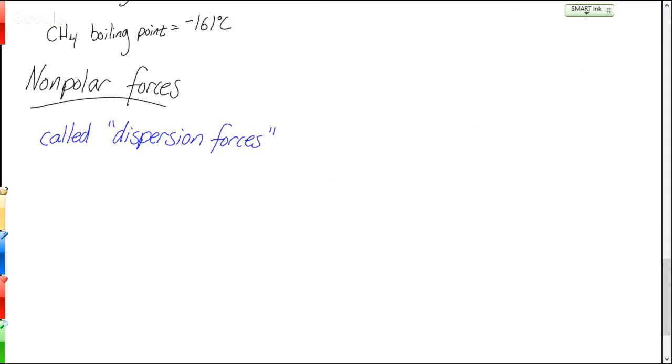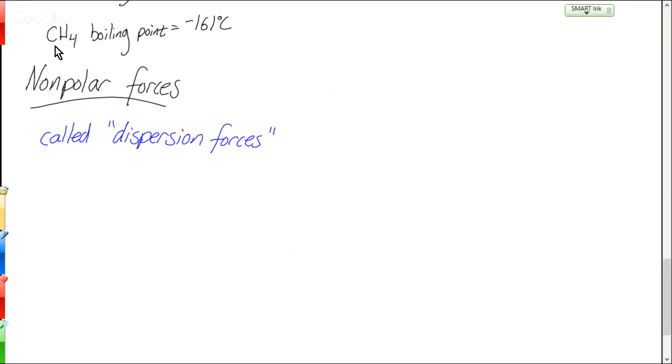And they're a little weird because based on all the stuff we've said before, if methane is totally nonpolar, then it shouldn't have any way of attracting other methane molecules. But down below minus 161 C, it does still attract other ones, and they still make a liquid, and you can actually condense it all the way down to a solid if you can get cold enough.